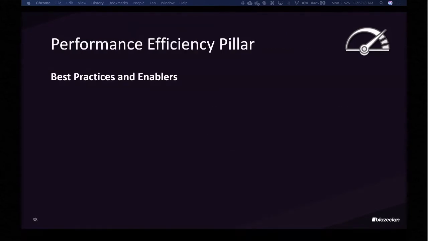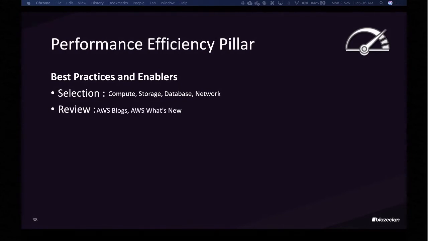All right, so what are the best practices and their enablers? From a performance efficiency aspect, selection of your services is very critical. The best practices on selection are: which compute is best, which storage is best, which database is best, and what network solution is required. Think about these and review them, and ensure that you are able to track what is new and compare them.